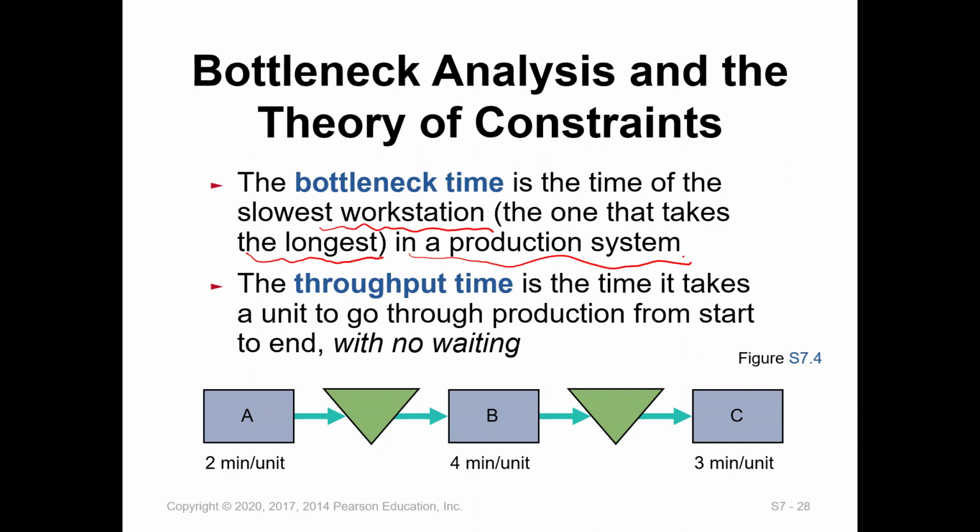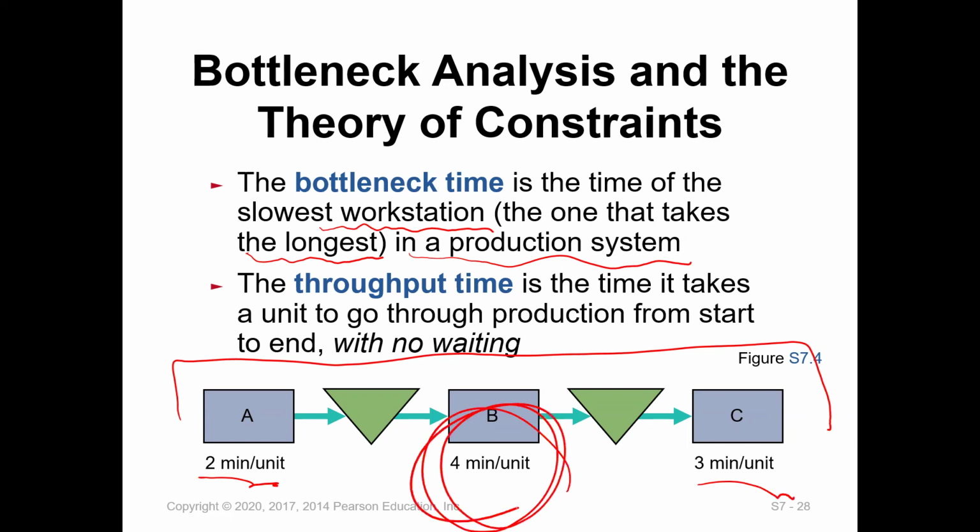The throughput time is the time it takes a unit to go through production from start to end. That is the throughput. But the bottleneck is the slowest process. So this process takes 2 minutes, this takes 3 minutes, and this takes 4 minutes. So this is the bottleneck.